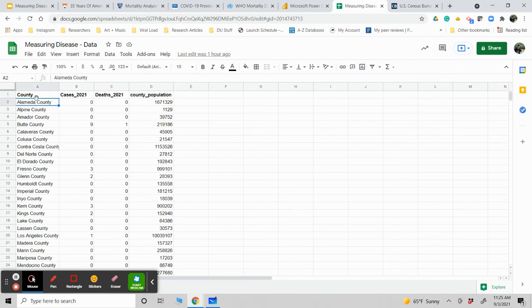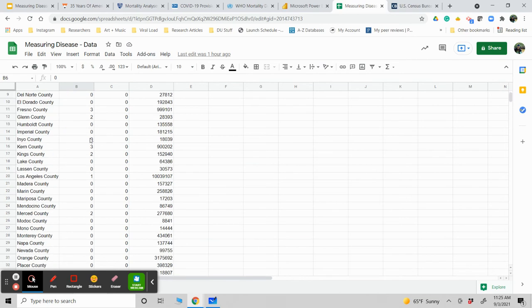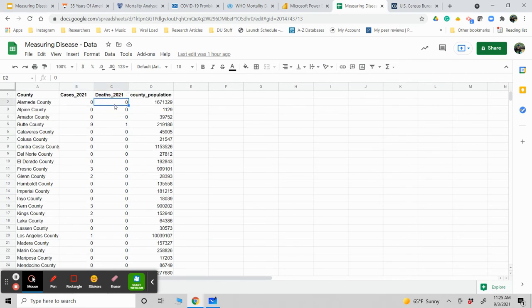You can see the first column is broken up by different counties. We also have the number of diagnosed West Nile virus cases that go with each county. So Butte County has 9 cases of West Nile virus so far in 2021, and you can go down the line. We also have information on the number of people who have died from West Nile virus in each county.